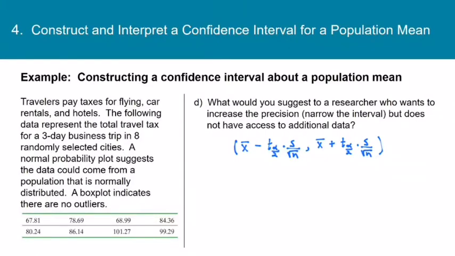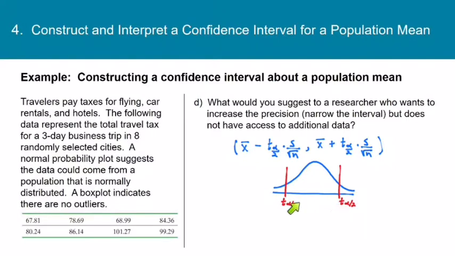Let's think about our confidence interval formula, and I've replaced E with the formula for E here so that we can see what's going on. Now remember, he can't change N. If you want to affect the width of a confidence interval and you can't change N, the only other thing you have control over is the confidence level. Now remember what we talked about a few slides back. You can be more confident of hitting a bigger target.